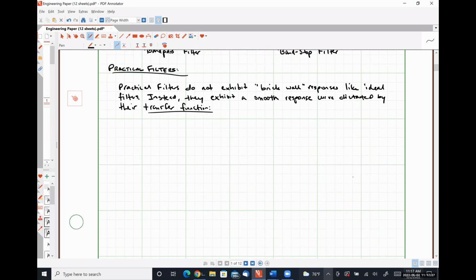So let's talk very briefly about transfer functions here. We're using my favorite generic piece of equipment, the linear black box network.